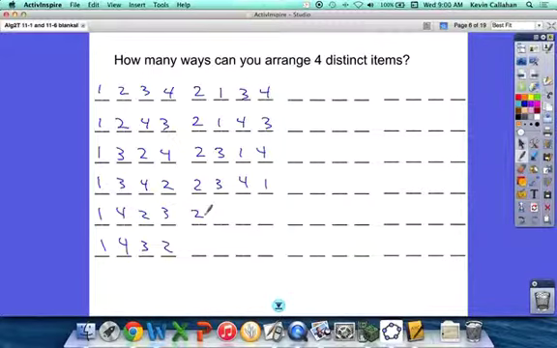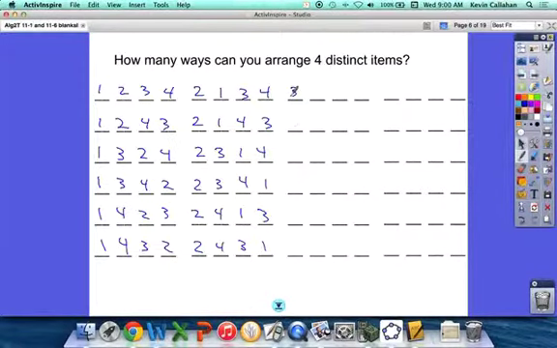We did the 1s and the 3s, so it's going to have to be 4s now. And that'll be 1, 3, 2, 4, 3, 1. Okay, so you can see the pattern here. Okay, I'll finish out the last 2 quickly.